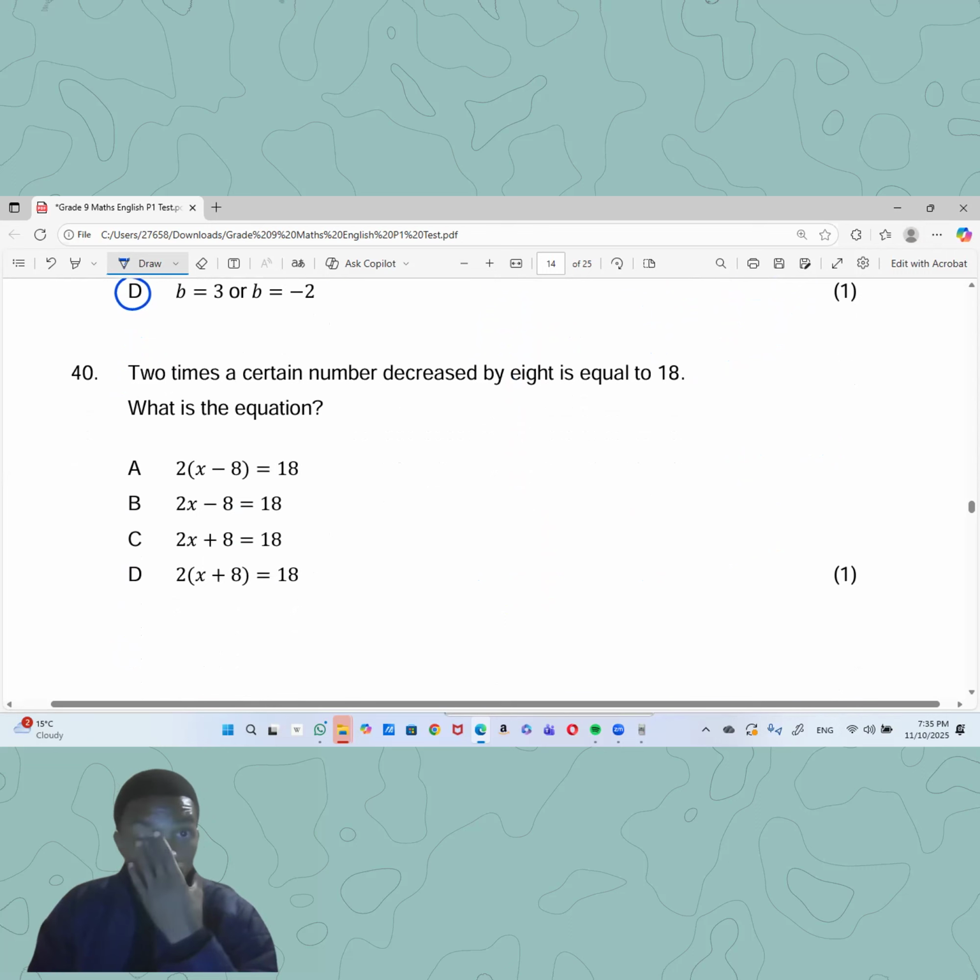Coming to 40. They are saying 2 times a certain number. Do we know that number? No, we don't know it. So it's going to be 2 times that number. If we don't know a number, we call it what? x. We are saying 2 times a number. This number is decreased by 8.